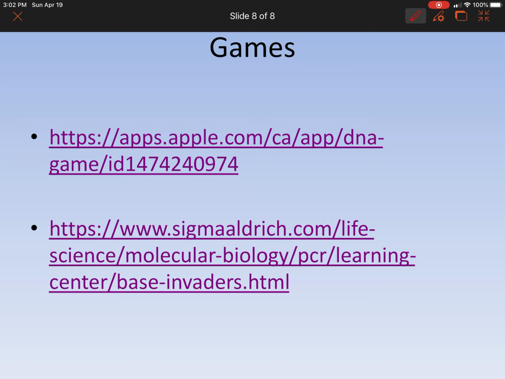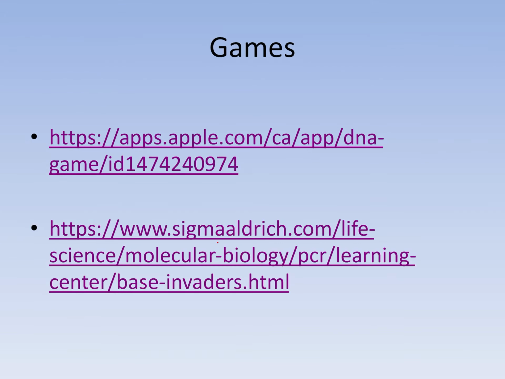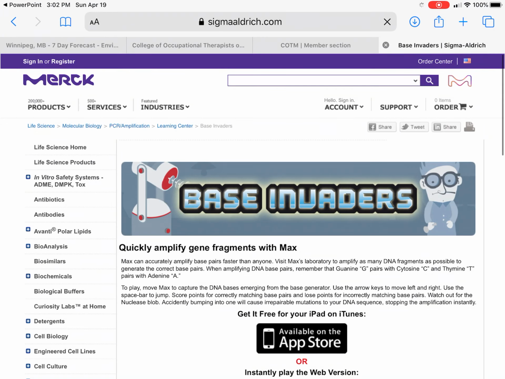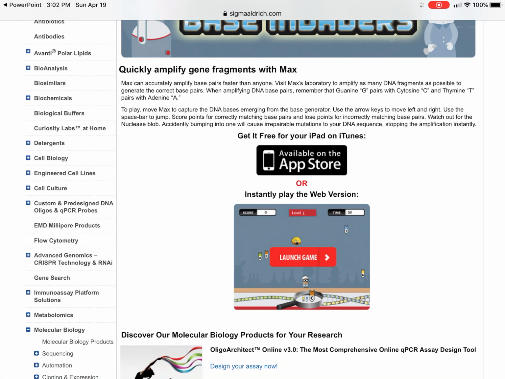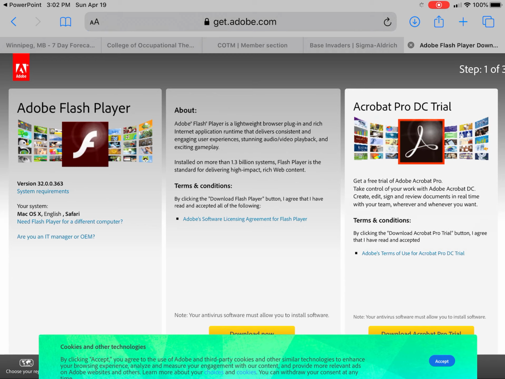Now, they may not work for you. Hopefully they do. Okay, we're going to take a look at this one, and I'll post the links to these on the website too, under lesson 7 here. Now this one's called Base Invaders, so you can launch the game here, and hopefully it works for you. You have to click on the flash here, in order for it to work.